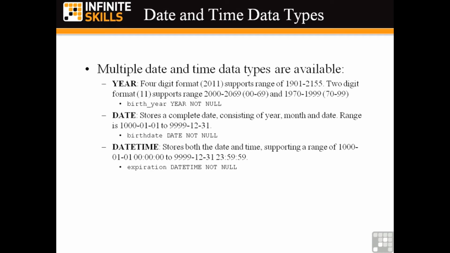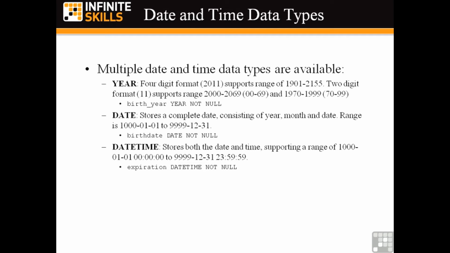The third type is datetime. So this datetime goes beyond what date offers in that it stores both the date and the time, supporting the same date-related range, again, January 1st, 1000 to December 31st, 9999, but also, as you can see, stores all times found within that period as well.